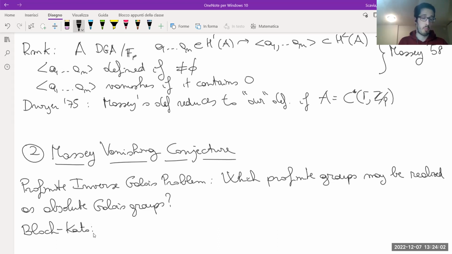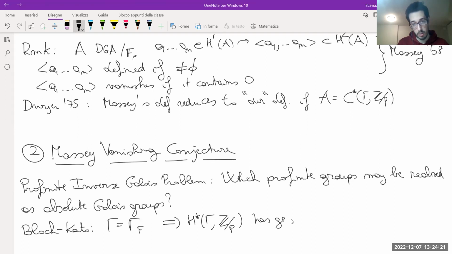A spectacular development in this direction was the Bloch-Kato conjecture, which in particular says that if Gamma is the absolute Galois group of a field F, then the cohomology has a very simple structure: generators in degree 1, possibly many, but you can choose them to be all in degree 1, and relations in degree 2, quadratic relations.